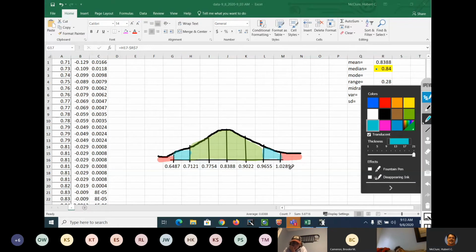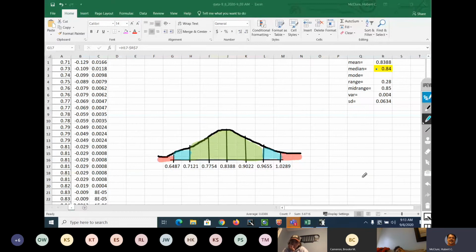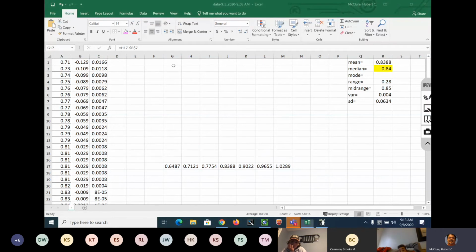Okay? So let's do our interquartile range. Our 5-number summary. All right, so our 5-number summary: min equals, first equals, second equals, third equals, and max.